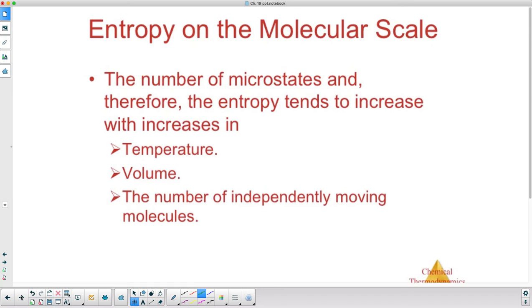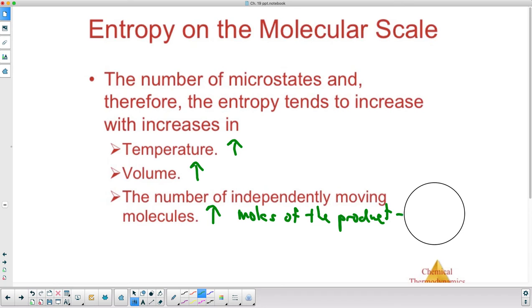The number of microstates, and therefore the entropy, tends to increase with increase of temperature. So increased temperature means increased microstates. Increased volume means increased microstates. The number of independently moving particles, that means moles of the product. That's all that means, moles of the product, compared to the reactant.